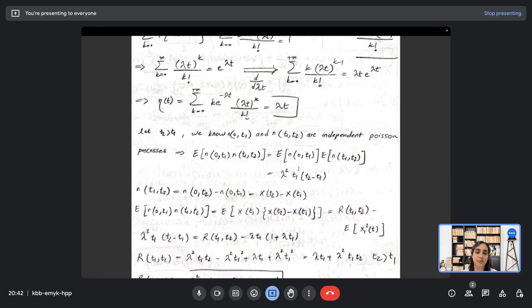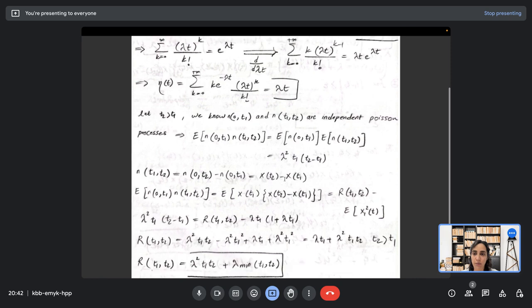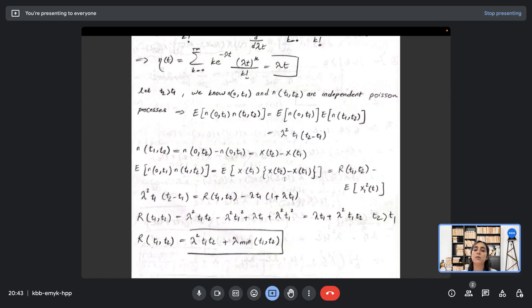And that's really easy to calculate because we have the mean of the Poisson process, which is lambda times t, and we know the answer. But we want to find the autocorrelation between t1 and t2.